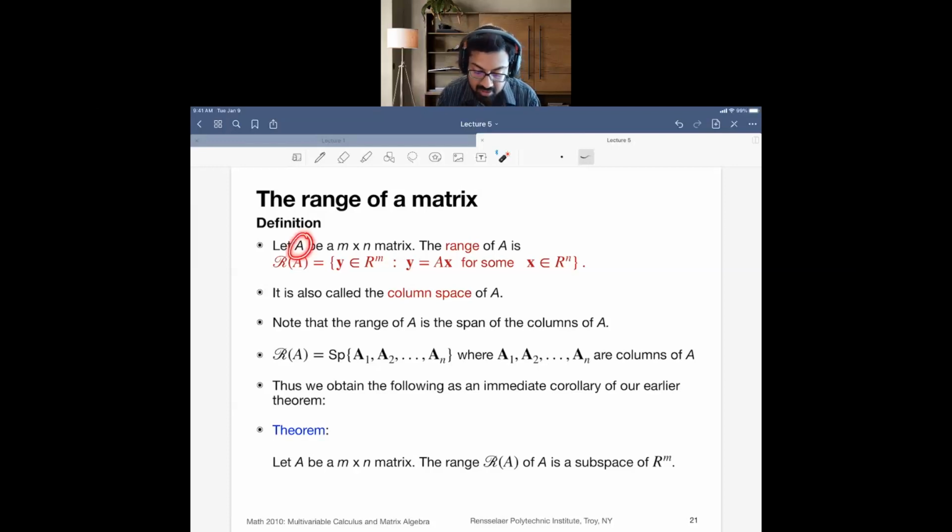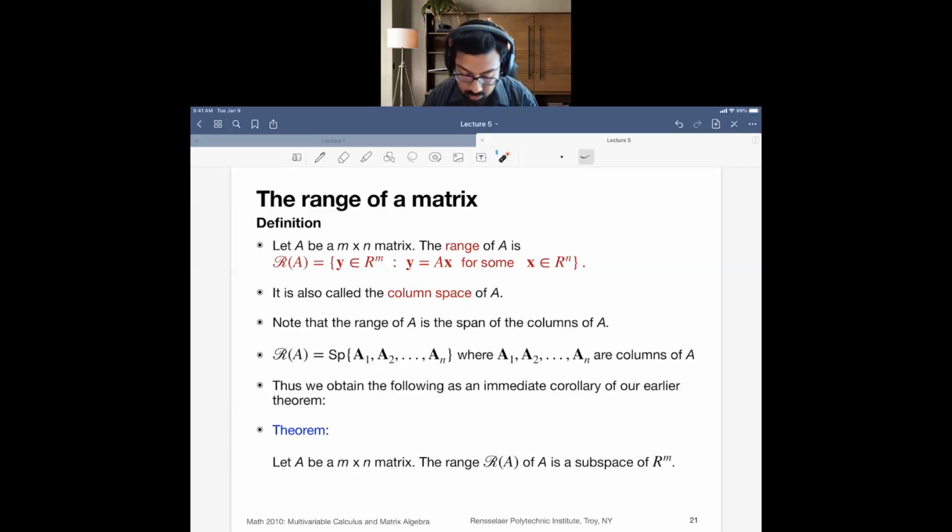If A is a matrix M by N, the range of A is going to be the set of y's that belong to R to the M, so that y equals AX for some x that belongs to R to the N. So if you are given a coefficient matrix A, you multiply that A with any x where x belongs to R to the N, and you will get all the y's that belong to the range of A.